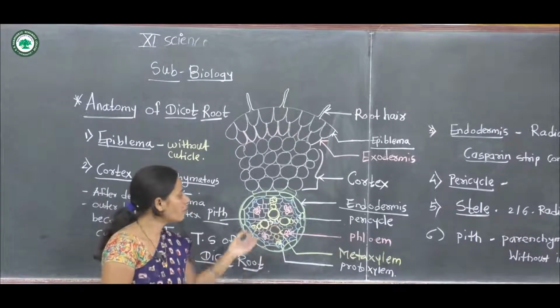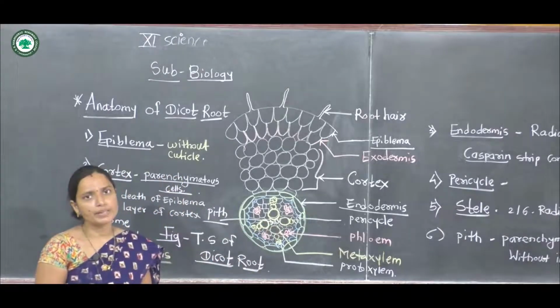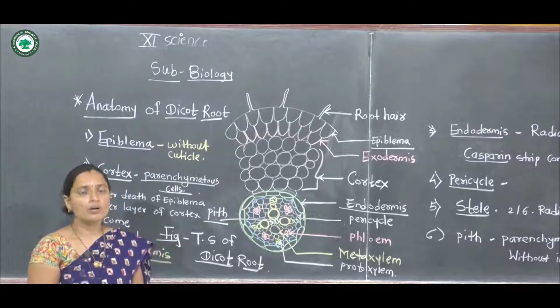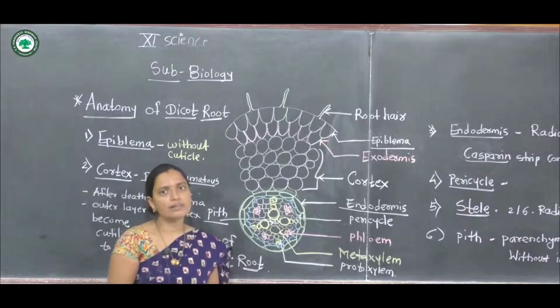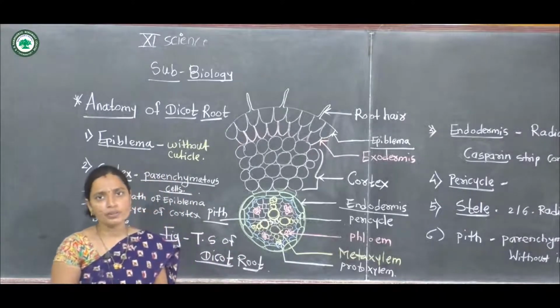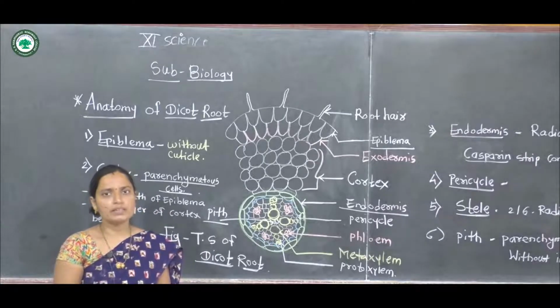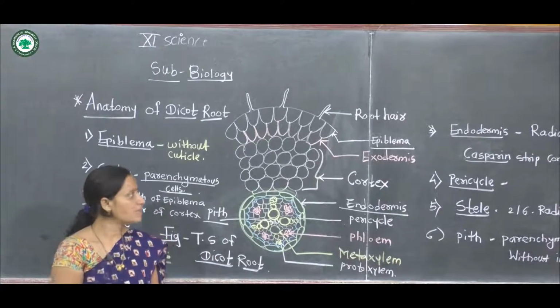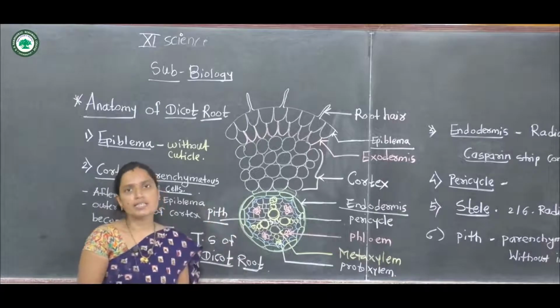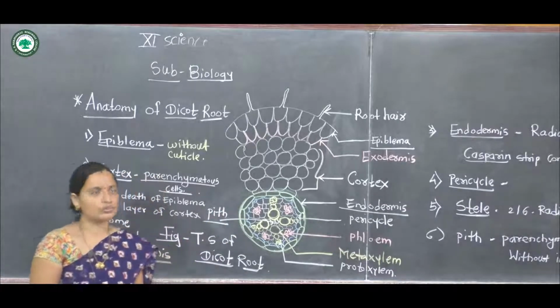The central part of the tiers of the root is the pith, having many cells; these are parenchymatous cells without spaces. This is the internal structure of the dicot roots.